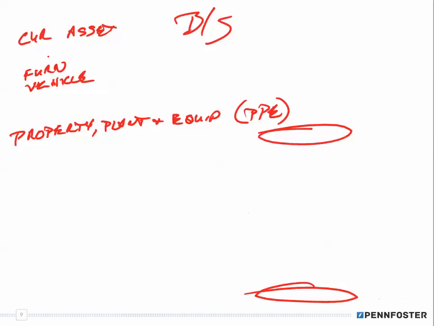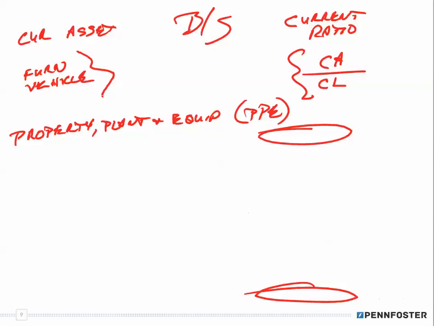If we were doing something like the current ratio, which, for those who don't remember, is our current assets divided by our current liabilities, I'm not going to include the furniture and the vehicle that I'm depreciating, even though they are listed under my current assets.